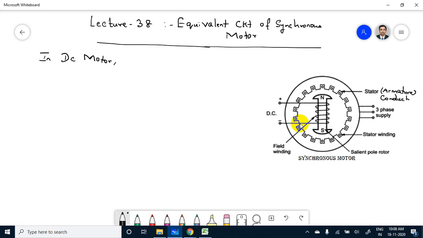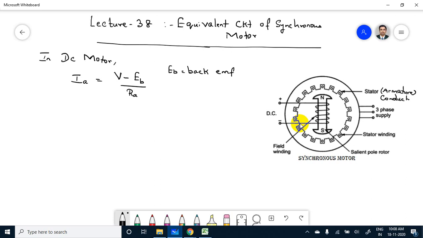The armature current equation in a DC motor is Ia equal to V minus EB divided by RA, where V is the applied voltage and EB is the back EMF produced in the armature.